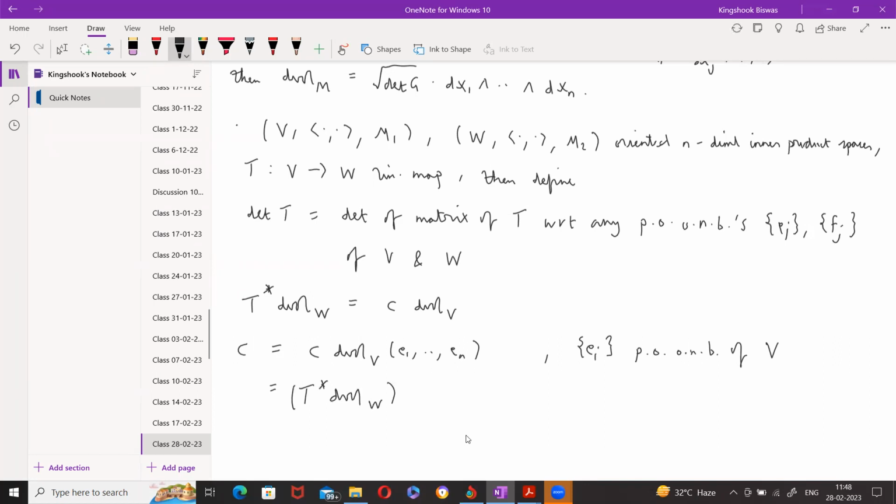So this acting on e_1 to e_n, by definition of pullback, is dvol_W acting on Te_1 to Te_n, right? Yes.